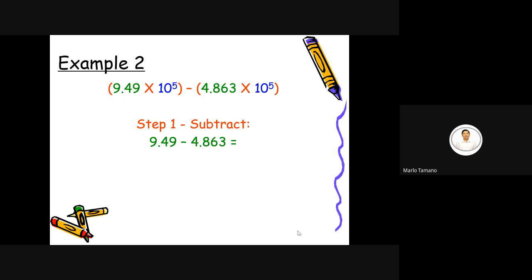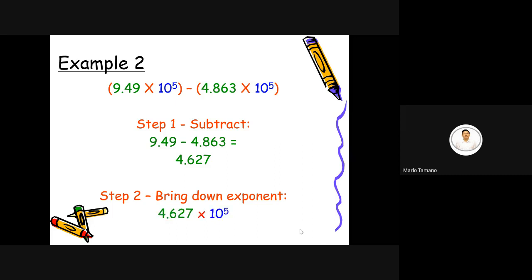So, calculate it first to be quick. Your answer is 4.627. Then step number 2, bring down the exponent. And that is 4.627 times 10 to the 5th power. That is your final answer.